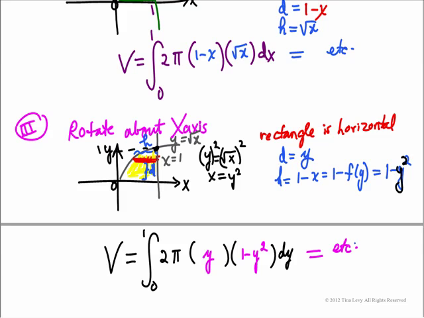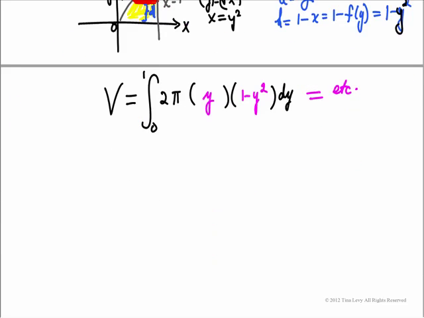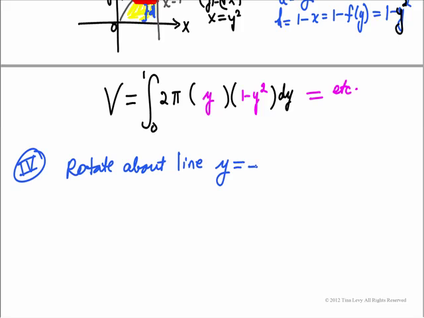Our last example, we're going to take this same region, only this time we're going to rotate about the line y equals negative 2.